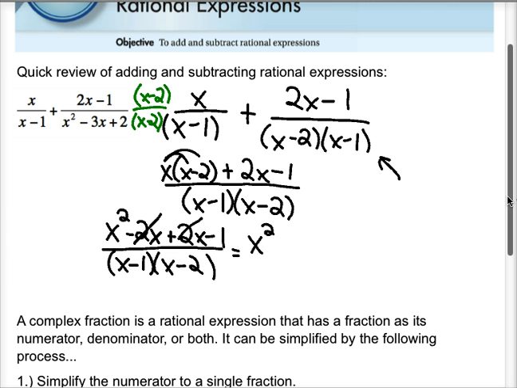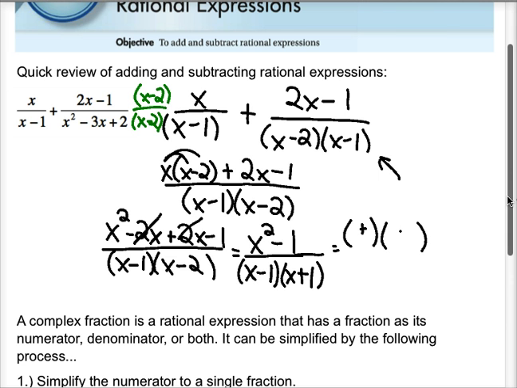So I have x squared minus 1 over x minus 2, x minus 1. Now, notice the top. Remember, you always have to check to see if anything can refactor. The top is one of those fun difference of squares ones. With difference of squares, we're getting that plus minus relationship, x plus 1, x minus 1.